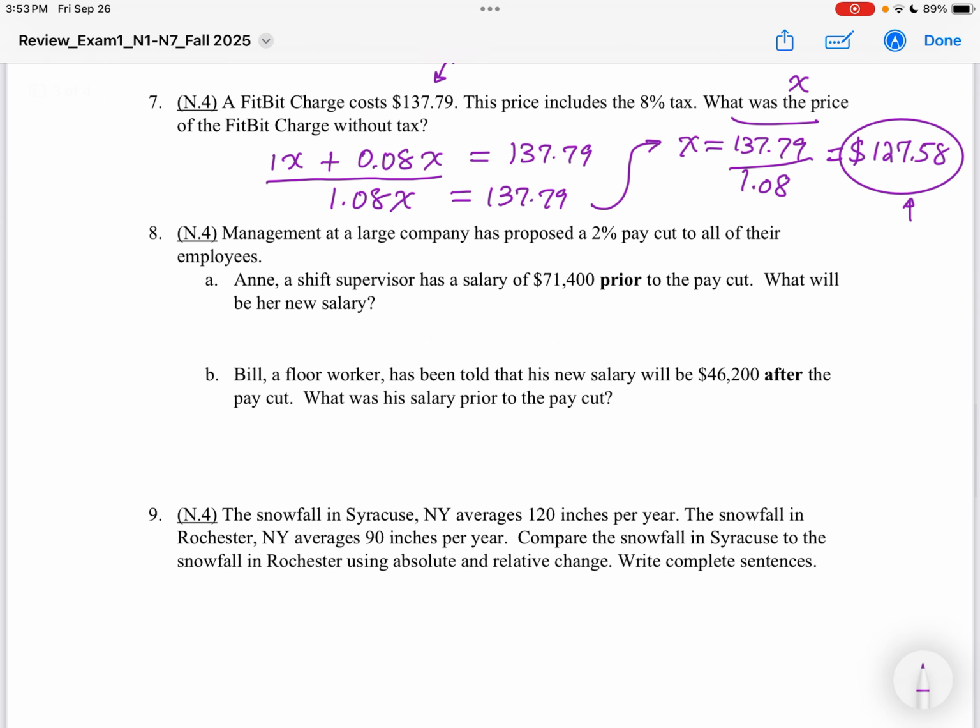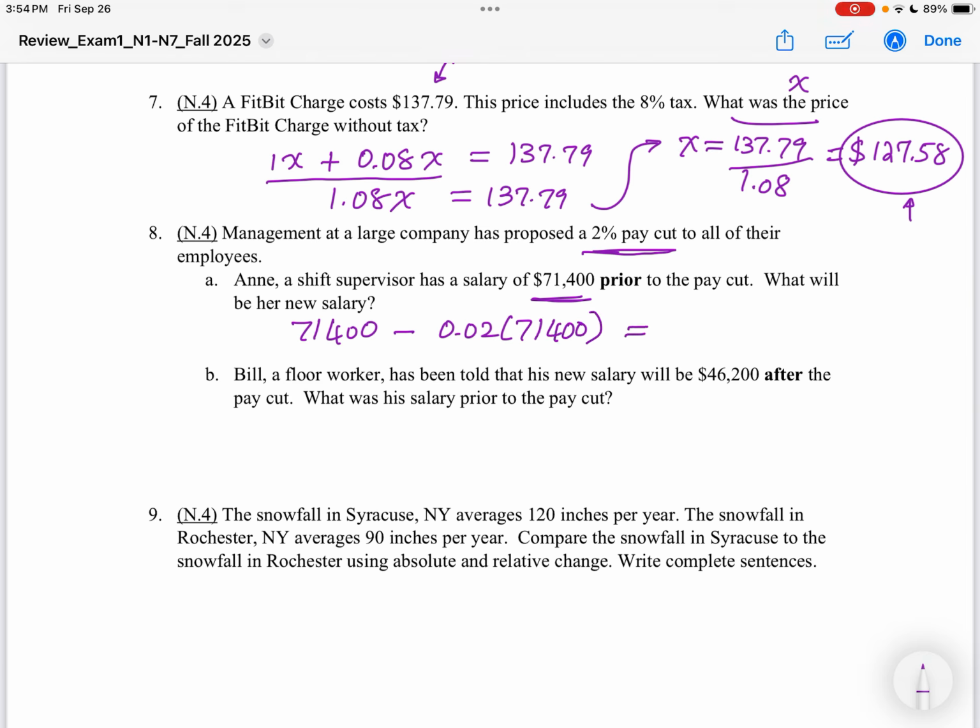One more of the markup markdown here. It says management at a large company has proposed a 2% pay cut to all their employees, and a shift supervisor has a salary prior to the pay cut. What will be her new salary? So you take the old salary, and you subtract 2% of that.